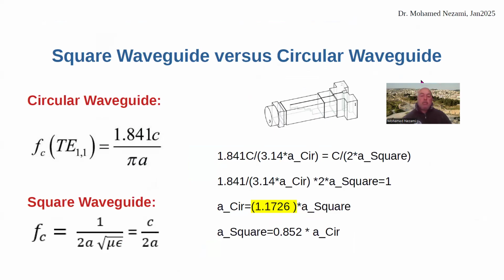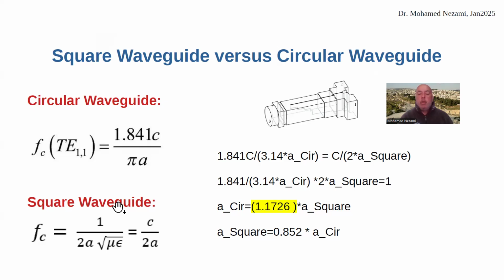Basically, I just want to remind you that for the lowest propagating mode in a circle waveguide, the equation where you extract the roots of the Bessel function to get the cutoff frequency is the TE11 mode, which is given by this equation in here, where C is the speed of light and A is the diameter of the circle waveguide.